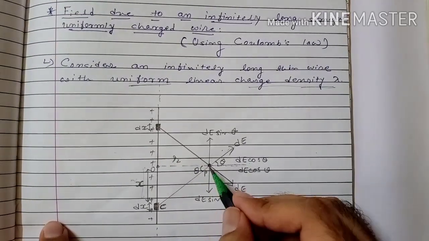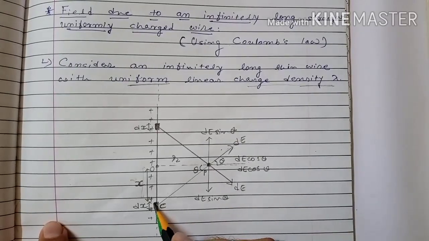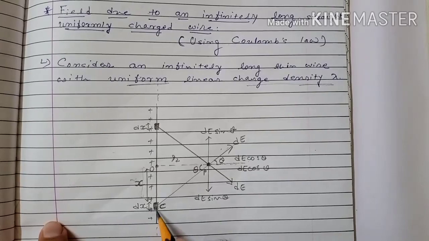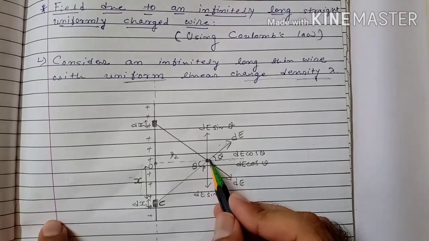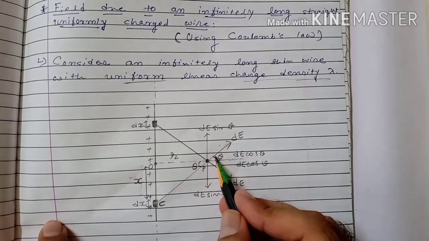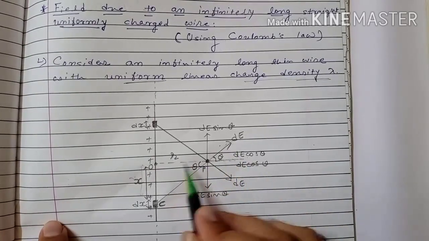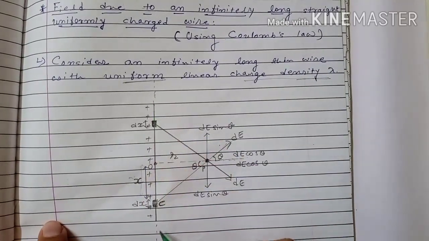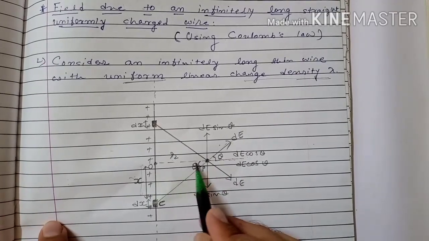This way we will get electric field dE due to the charge contained in small line element dx. Now this dE makes an angle theta with this horizontal axis of the wire. This is the axis of the wire, and perpendicular to that is OP.